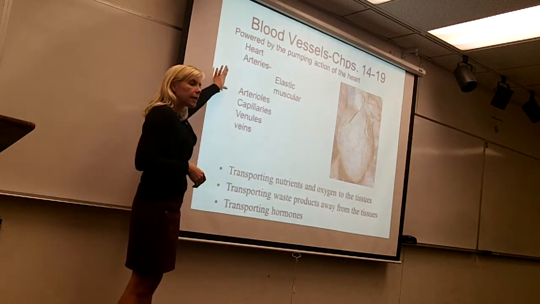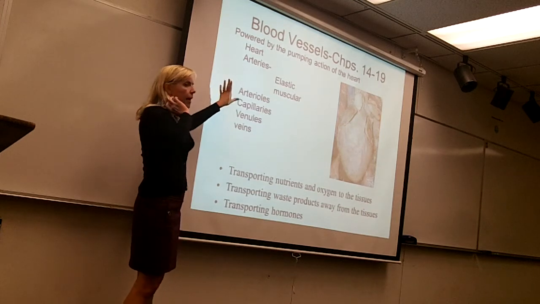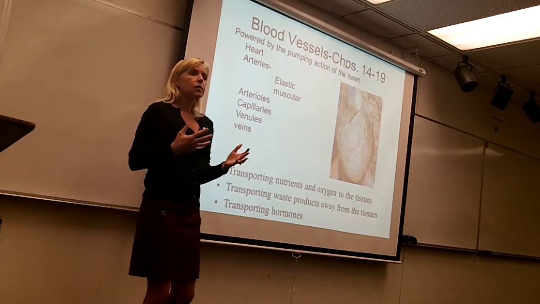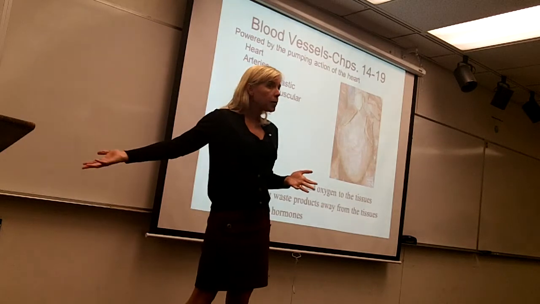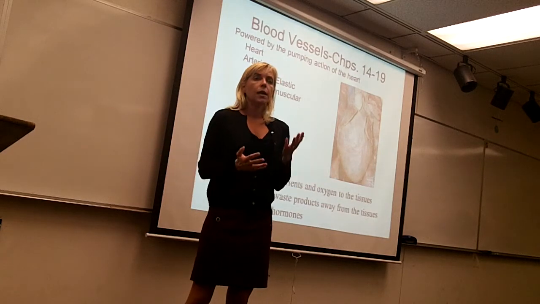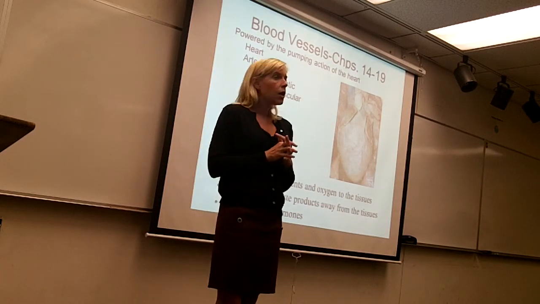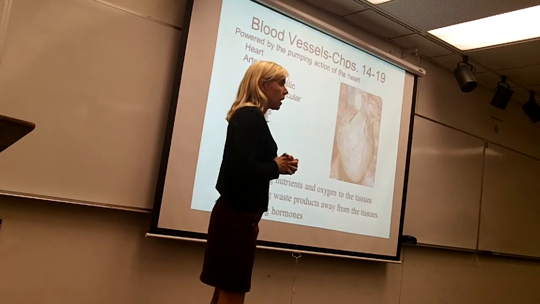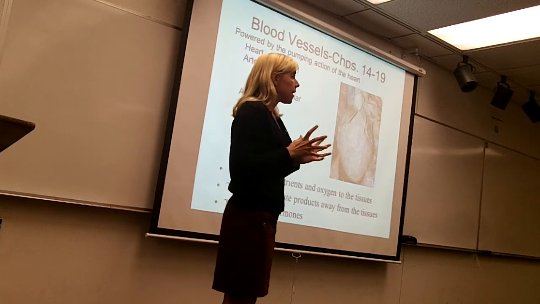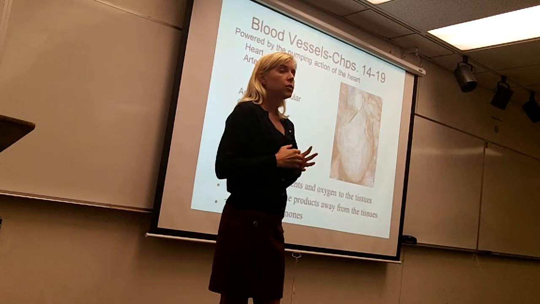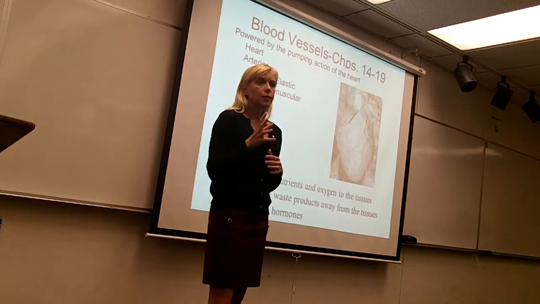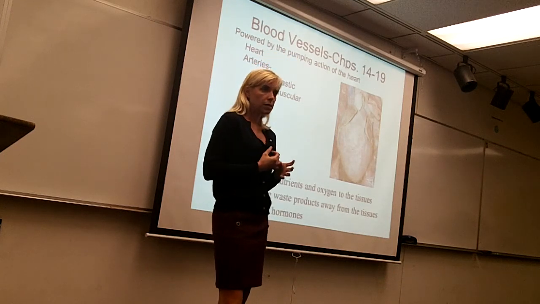Just a real quick anatomy review. The anatomy, of course, of blood vessels. Blood vessels carrying blood away from the heart, we call them arteries. Now, the arteries that are closest to the heart, those are elastic arteries. They actually have elastic fibers in their tunica media. And I'll review the layers of blood vessels.